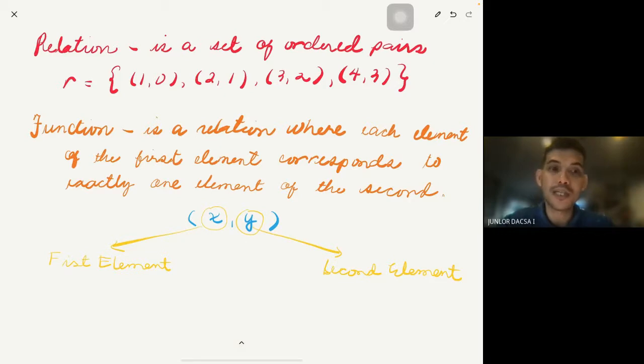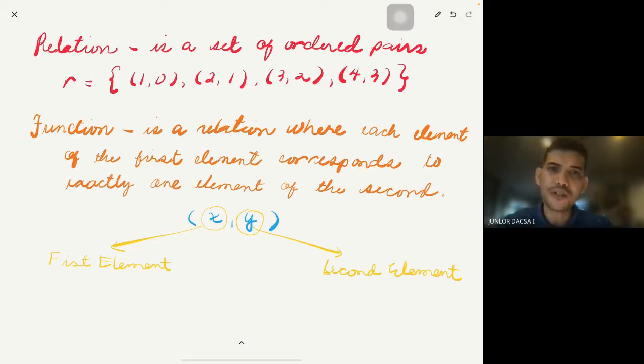As you can see, inside the brackets, it is composed of 4 ordered pairs. And that is a set of ordered pairs. So we call that relation. And the name of that relation is relation R.